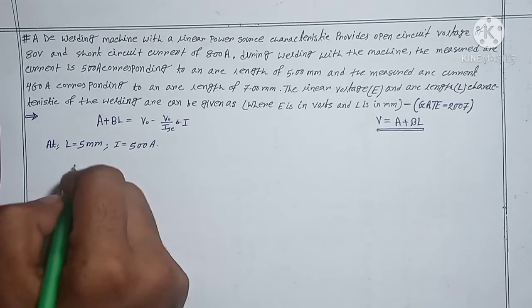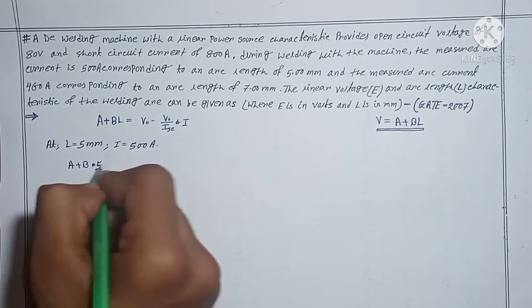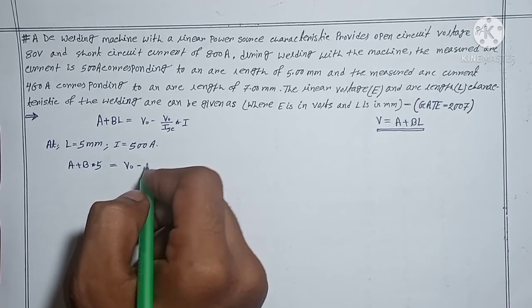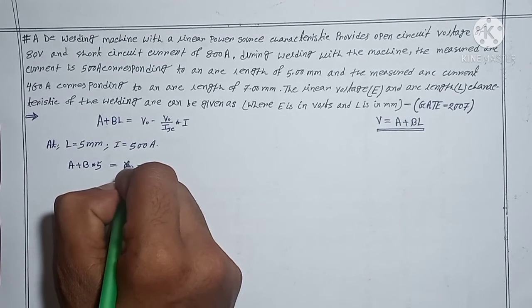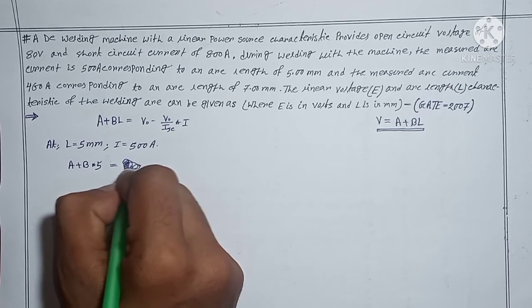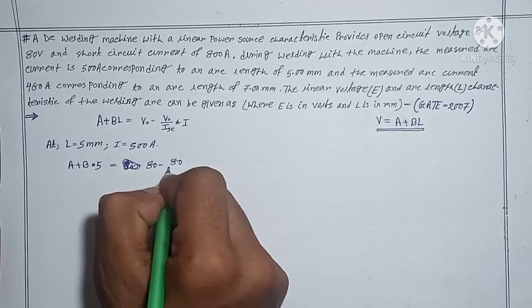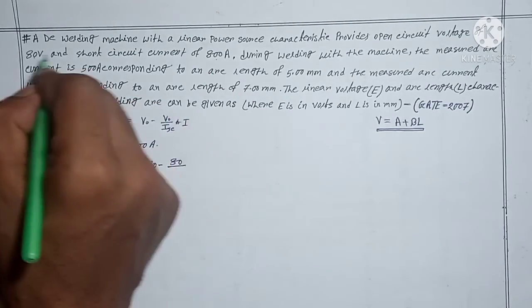First thing, let's put it here: A plus B L, with L equal to 5, is equal to V naught, the open circuit voltage, which is given to you as 80 volt. So simply put it here, 80 volt minus 80 by the short circuit current, which is given as 800 ampere.